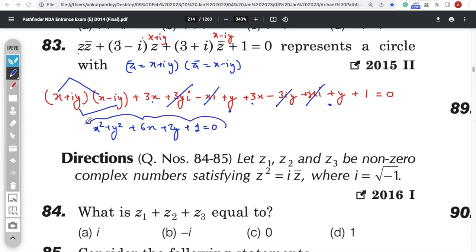Okay? So when you see that x square and y square both are present, both have the same coefficient and both are positive, it means it's a circle. Okay? Sure, dear? Okay, sir. Yes, dear?